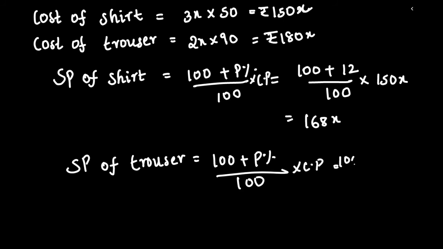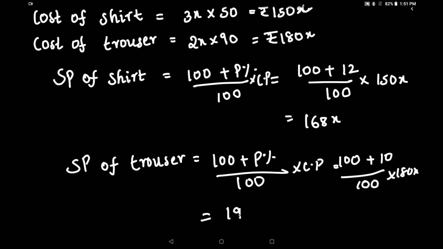That equals (100 plus 10) by 100 into 180x, because the profit percentage of trouser material is 10% and the cost price of trouser is 180x. The answer we get is 198x. So this is the selling price of shirt and the selling price of trouser.